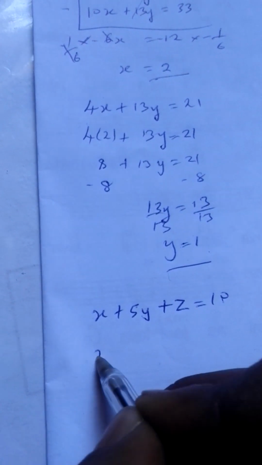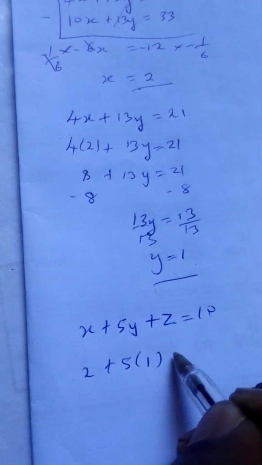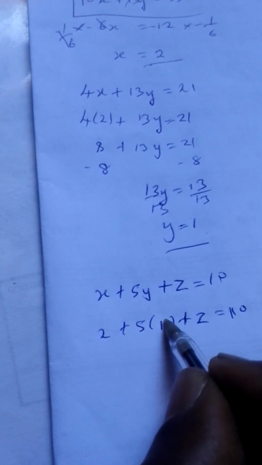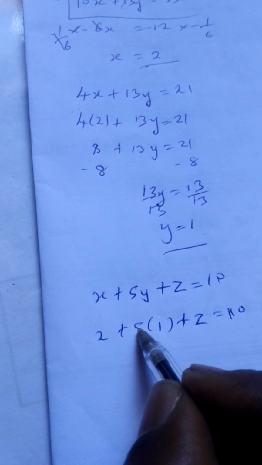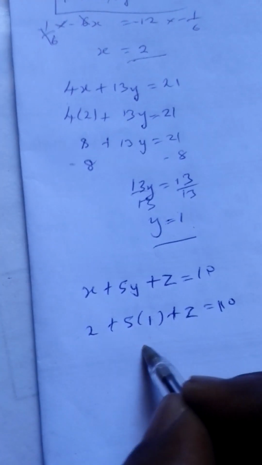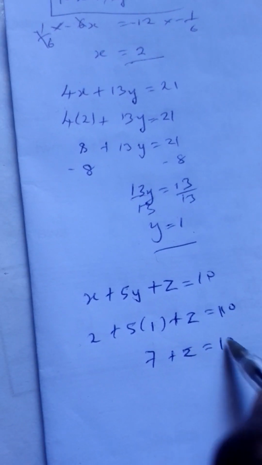The x is 2, the y is 1, so 5 times 1 is 5, plus 2 is 7, so this is 7 plus z equals 10.